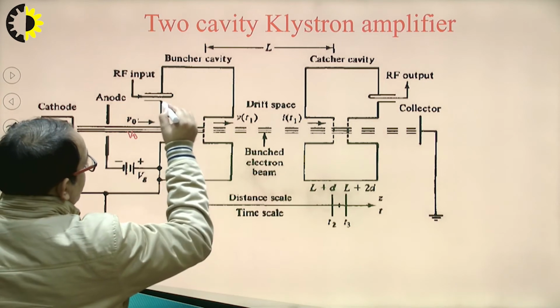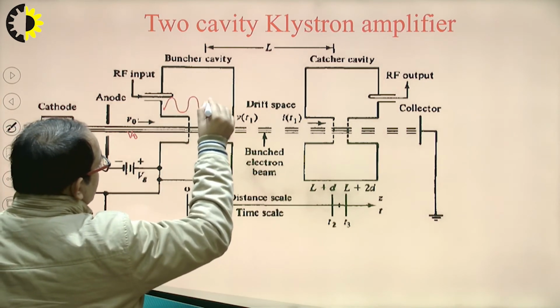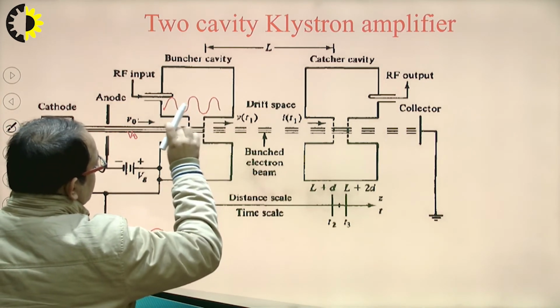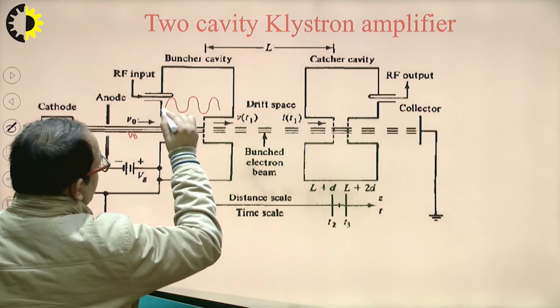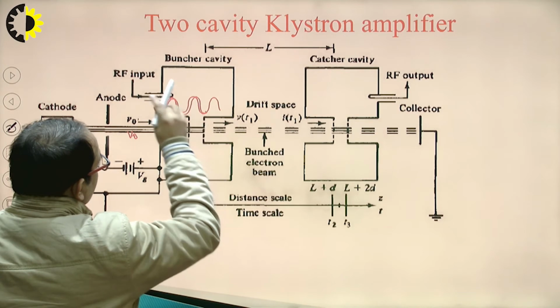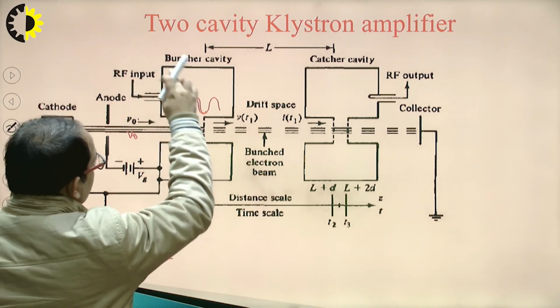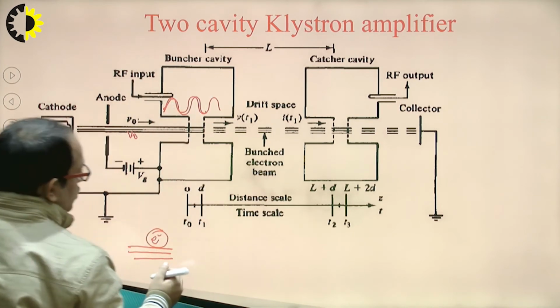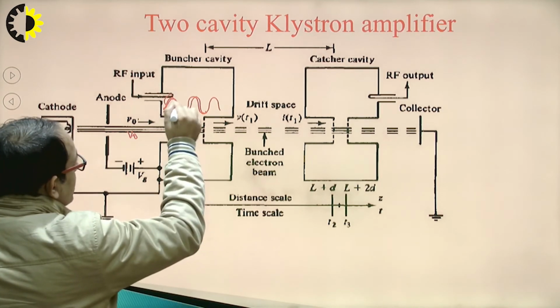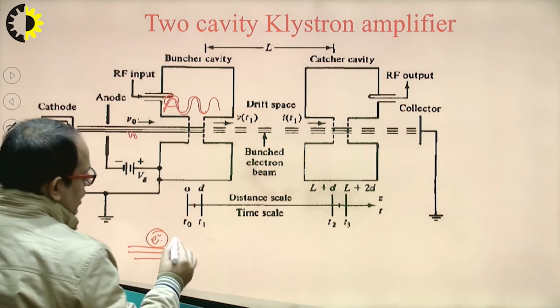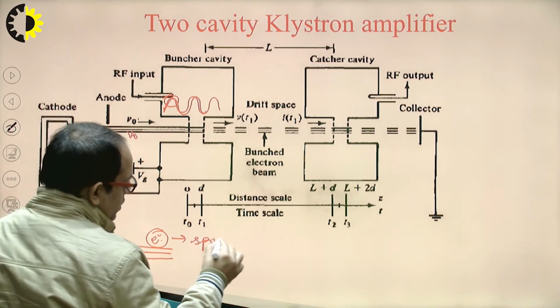When these electrons go over this cavity, they interact with the RF field of the buncher cavity. When the electron interacts with the positive cycle of this RF field, its speed increases.